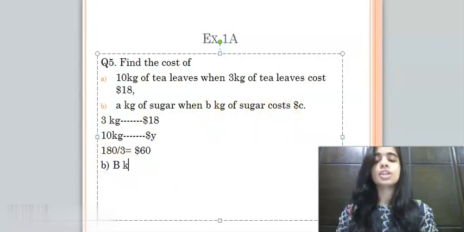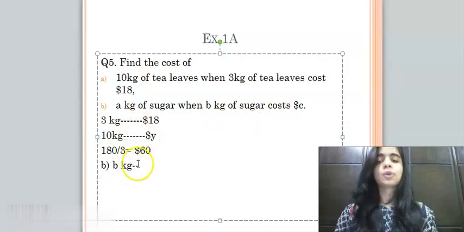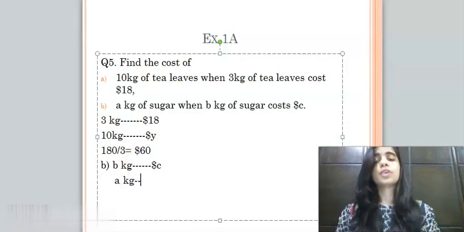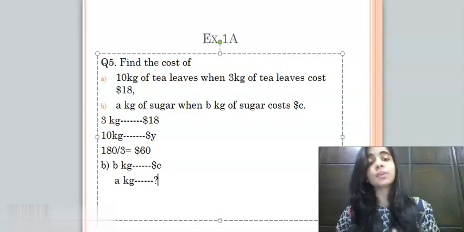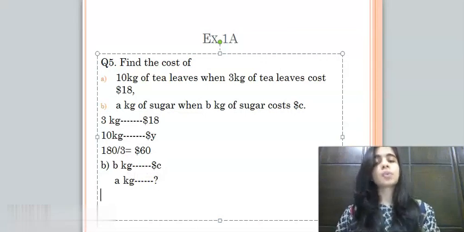So B kg costs, this should be a small b, B kg costs $C, and we need to find for A kg. So we don't know. Let's make a question mark over here because we are already dealing with letters. Again, we will cross multiply.